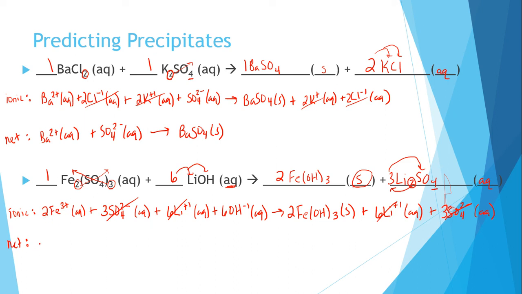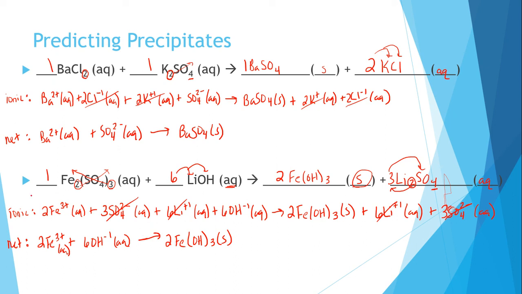So if you're looking here, 2 irons plus 6 OH minus 1 yields, that's an aqueous, yields 2 FeOH3s that are solid.